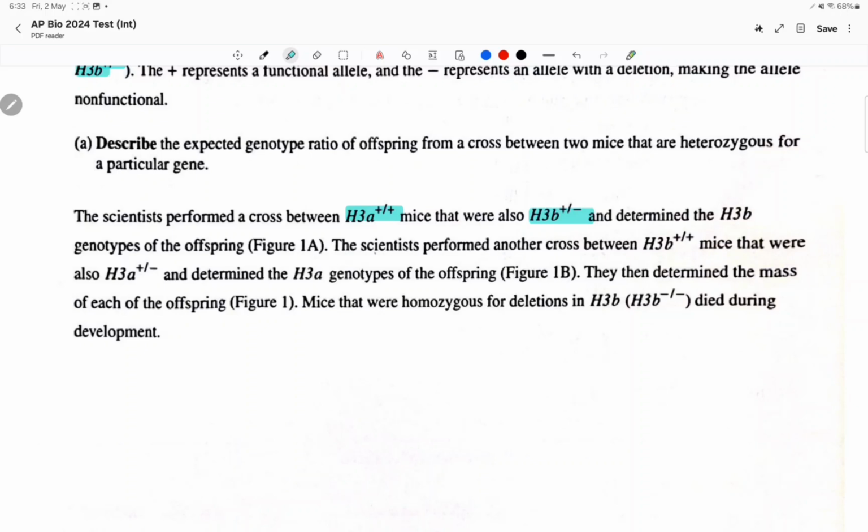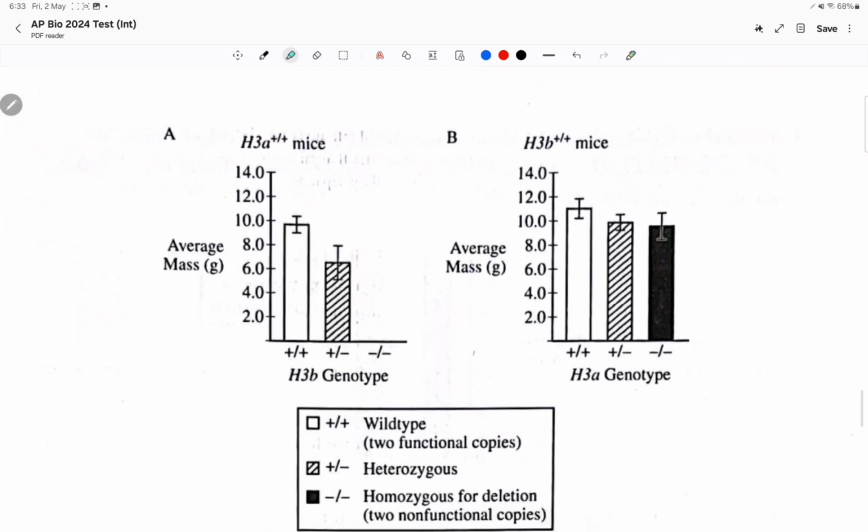The scientists performed another cross between H3B plus plus mice that were also H3A plus plus, and determined the H3A genotype of the offspring. They then determined the mass of each of the offspring. Mice that were homozygous for deletion, that means having H3B minus minus, died during development.